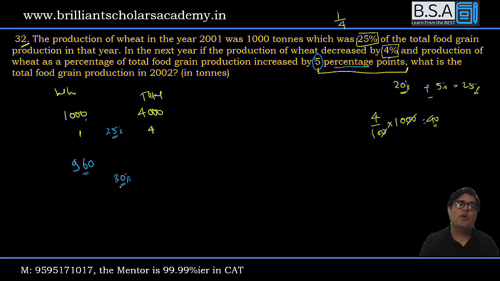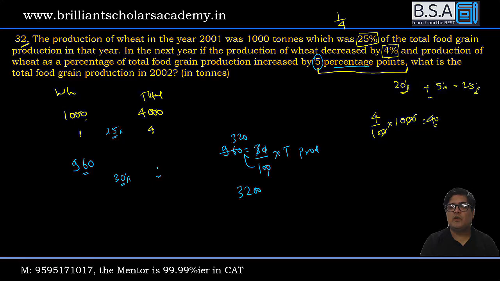So 960 is 30% of what? 960 is 30% of total production. कर दो कैंसिल, ये जीरो कट गया, ये 3 कट गया, 320, ये 10 क्रॉस मल्टीप्लाई हो गया, सो 3200. टोटल प्रोडक्शन इज 3200 टन्स.